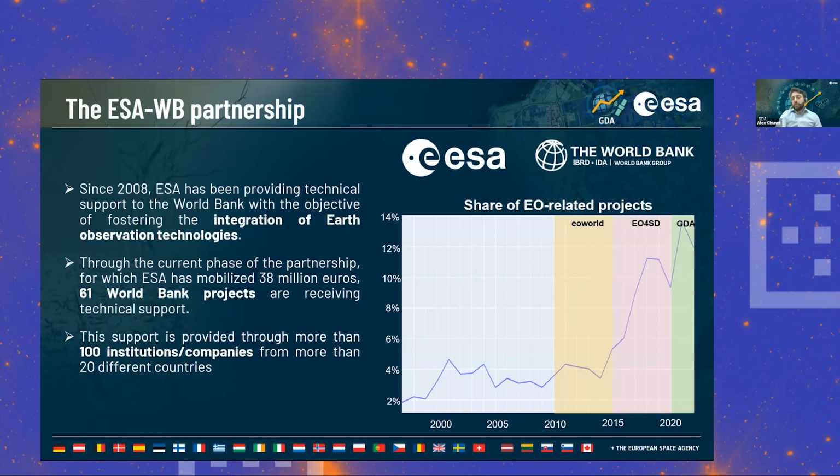So this is really what we've been supporting and aiming at, right? It's the increased use of Earth observation data and technologies throughout the portfolio of projects in every sector at the World Bank.